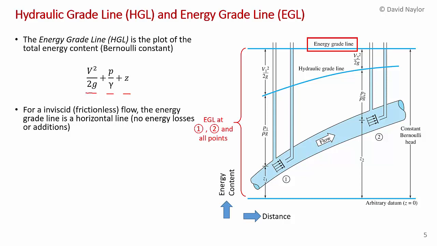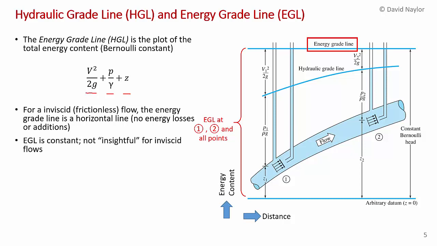So the energy grade line at point 1 and point 2, and in fact all points in between, is just a constant. It's equal to Z1 plus P1 upon gamma plus V1 squared upon 2g, and that's the same all the way across. Because the energy grade line is a constant in this kind of flow, it's not very helpful.